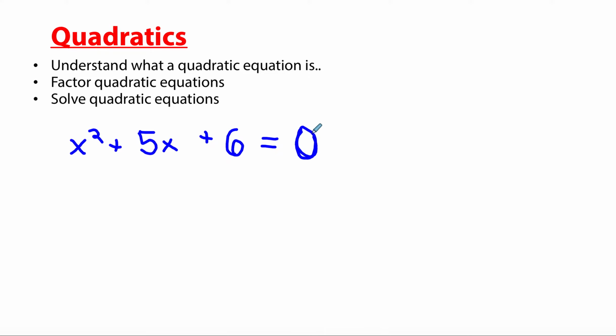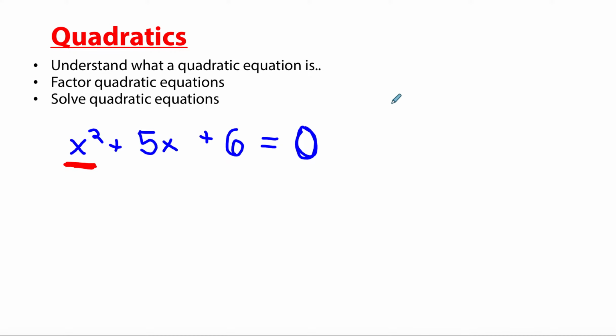But there's a squared term, and this term, x squared, is the squared term, and that's what makes it a quadratic. When the highest term of a mathematical equation is squared, that becomes a quadratic. So this is a quadratic precisely because the highest order term is squared.